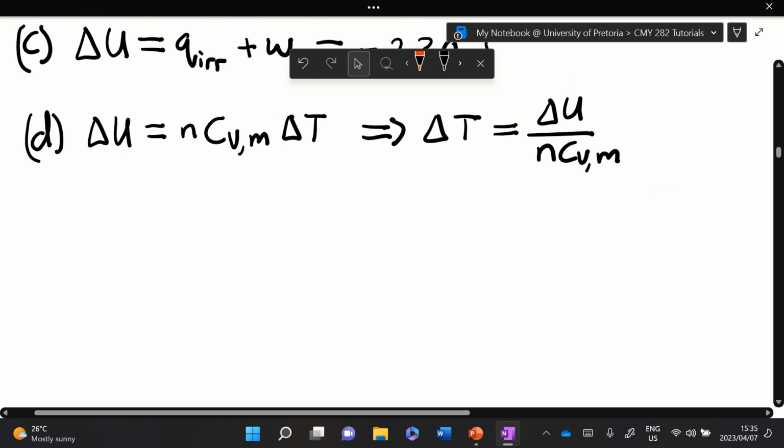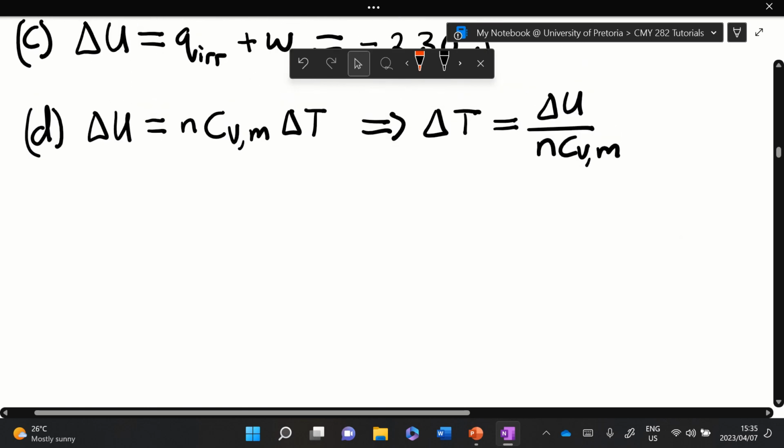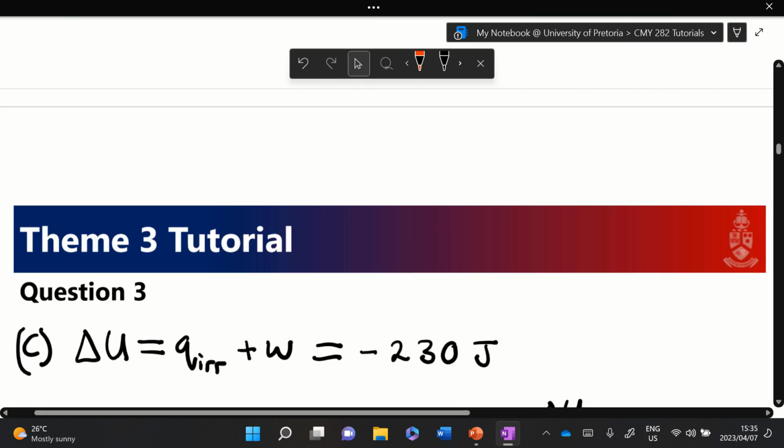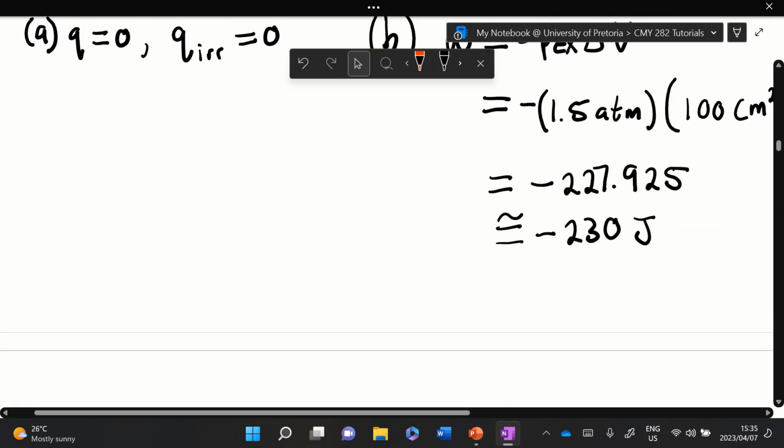So anyway, how do we do this? We just plug it in. Remember, now we're calculating a new quantity, delta T. So we have to plug in delta U's value as in the pre-calculated value, which is actually the W value of the previous one.